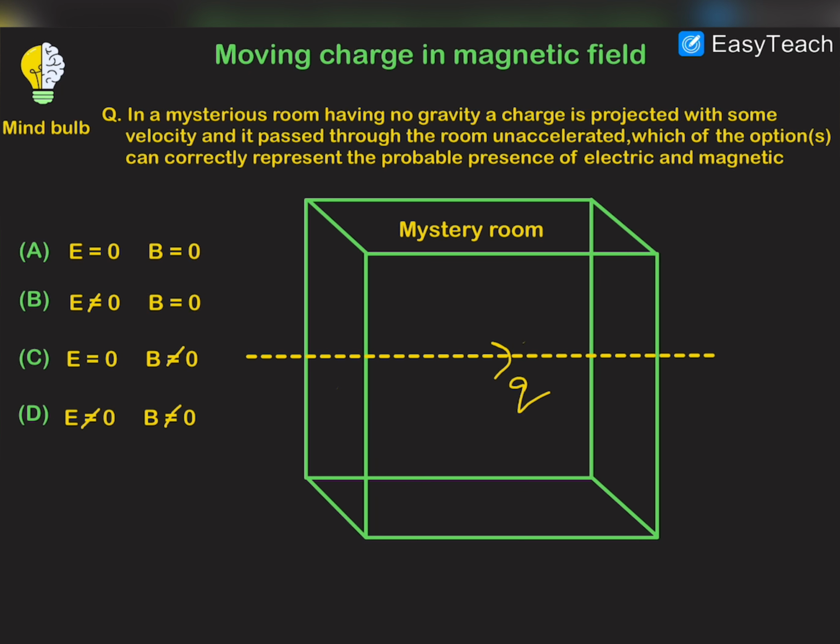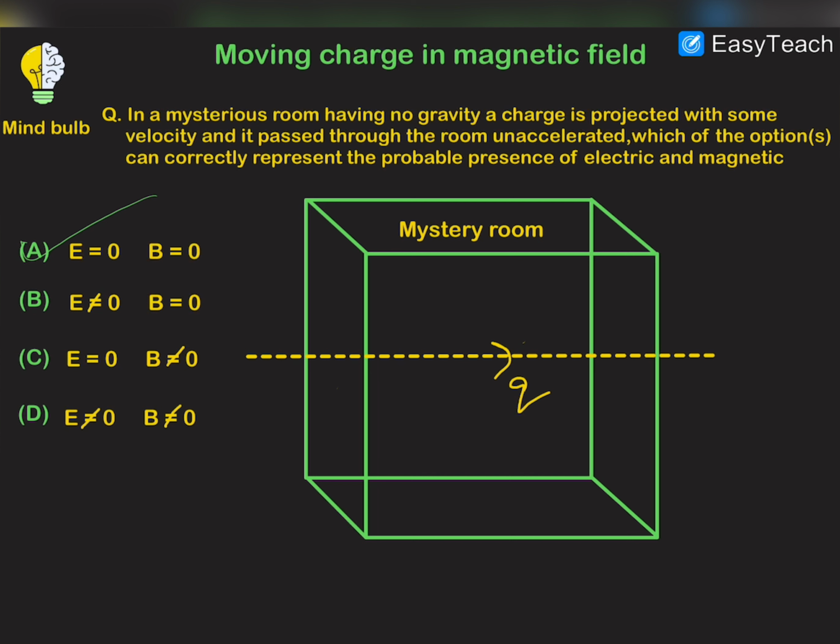And in the third part, we projected this charge, and this charge passed through the room unaccelerated. So this charge did not accelerate in the room. We can say that A option could be the case, because if there is no field, then there would be no force acting on the charge and it would not accelerate.